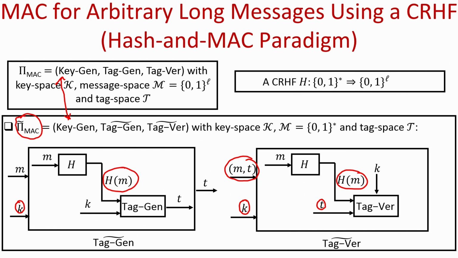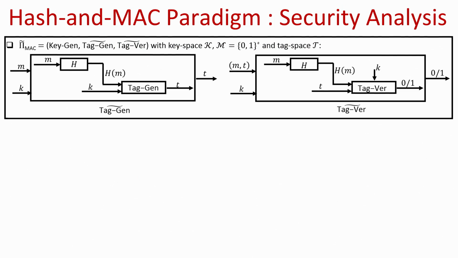We invoke the tag verification algorithm of our base MAC with respect to the key k, and if the tag verification fails, that means this message comma tag pair should be rejected, whereas if the tag verification of the base MAC is successful, then we should accept the message comma tag pair for the composed MAC.